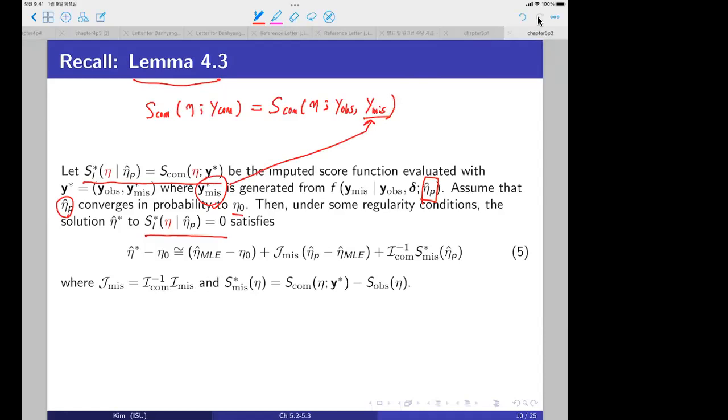So we are not going to prove this again because we already proved it, but we'll use it to prove our theory for Bayesian imputation.